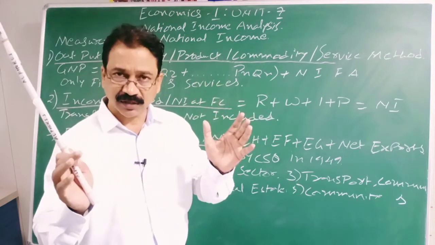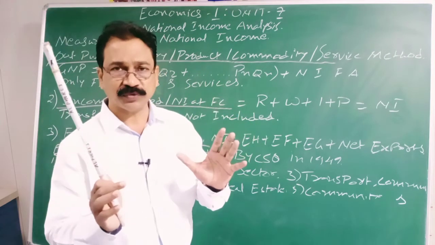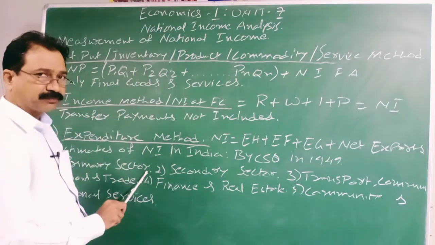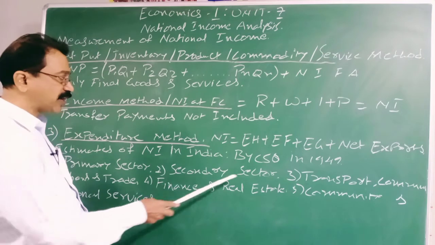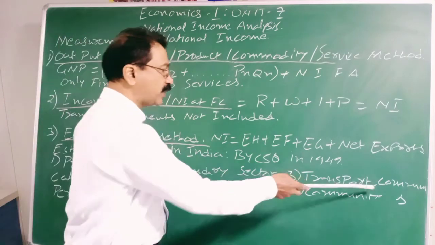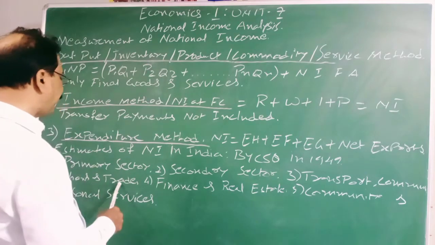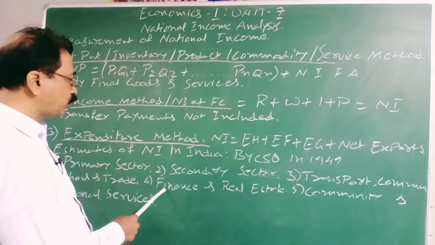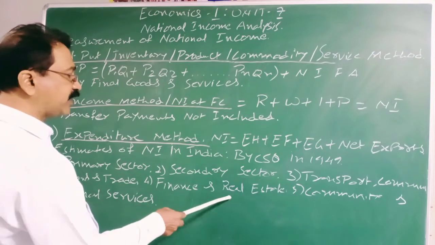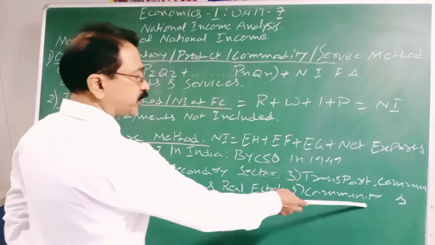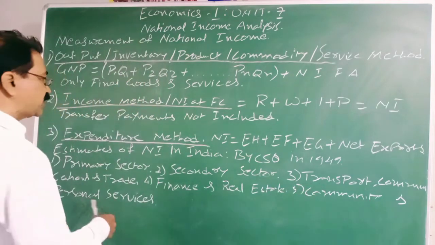13 sectors turned into 5 groups. Those 5 groups I am going to tell you: primary sector, secondary sector, third transport, communication and trade under one group, fourth finance and real estate, and under the fifth group community and personal services.